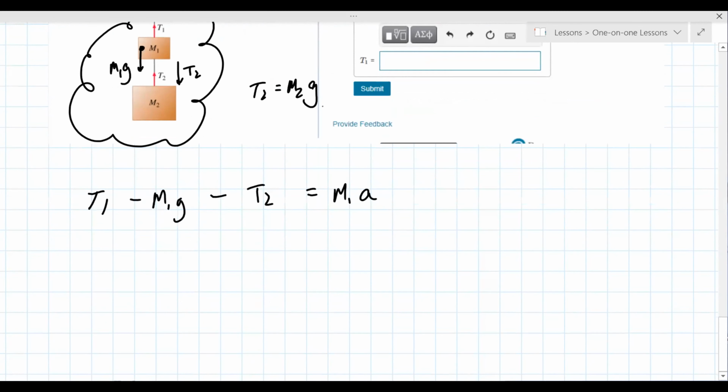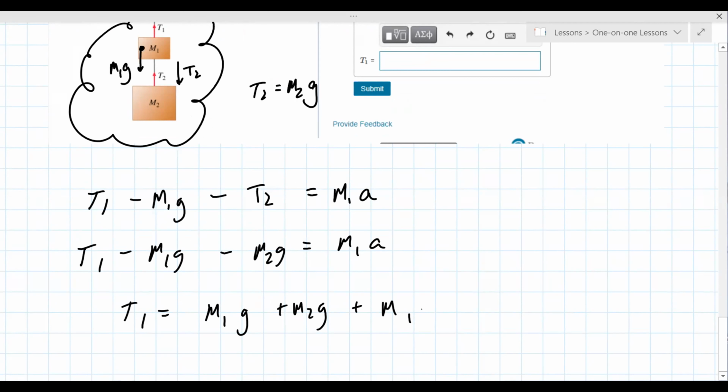So we have to substitute that out. So then we know that T1 minus M1G minus M2G equals M1A. So T1 equals M1G plus M2G plus M1A.